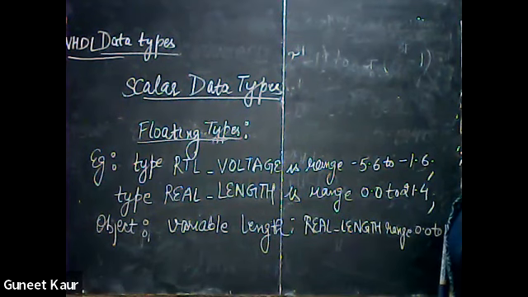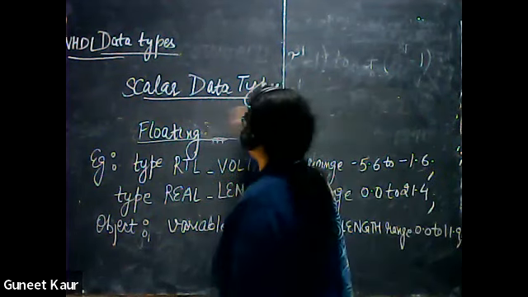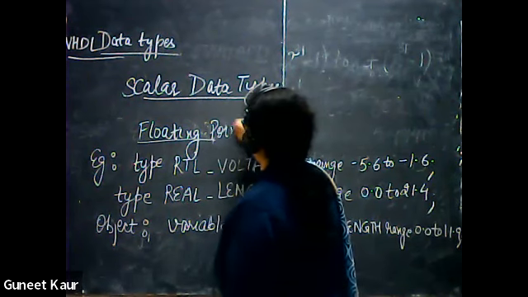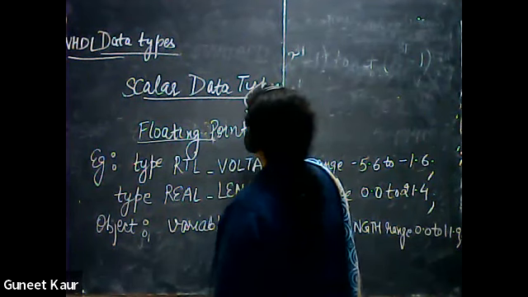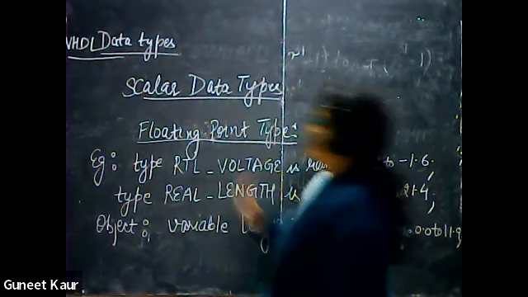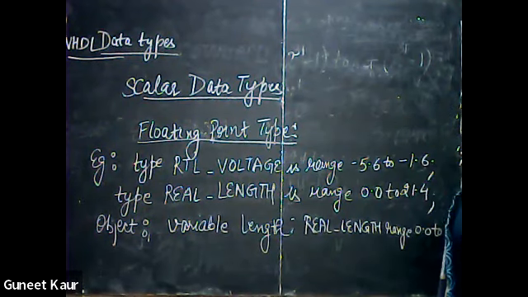Actually, as you have seen in the example, floating point means decimal point values will be taken, or you can say real numbers. This is not floating type, this is floating point type. The floating point type has a set of values in a given range of real numbers.